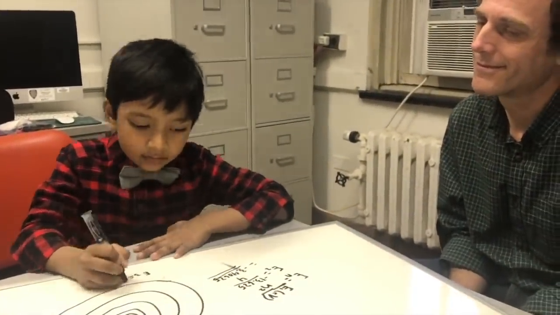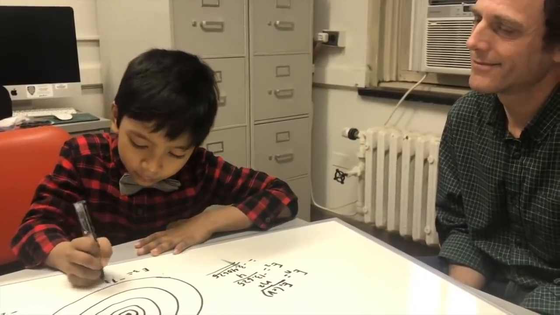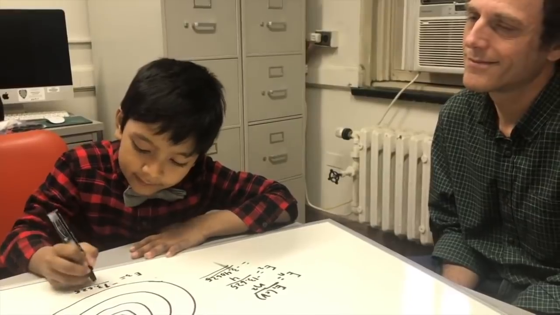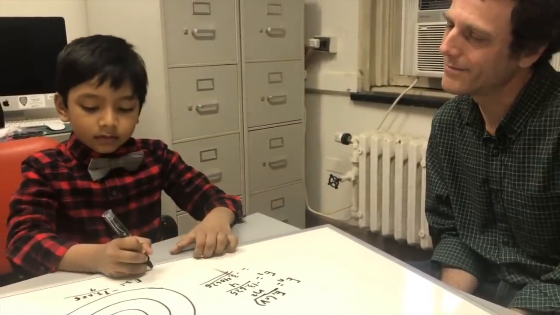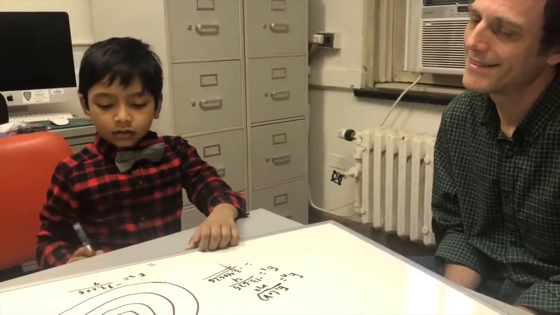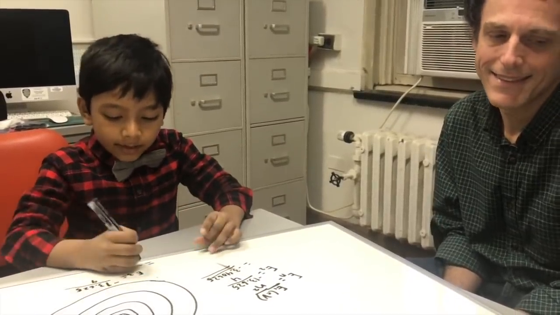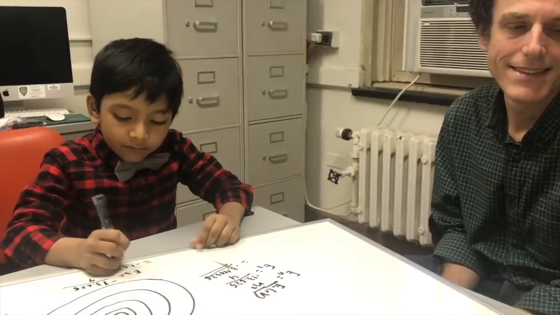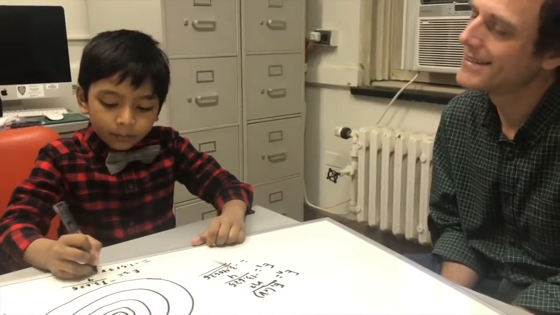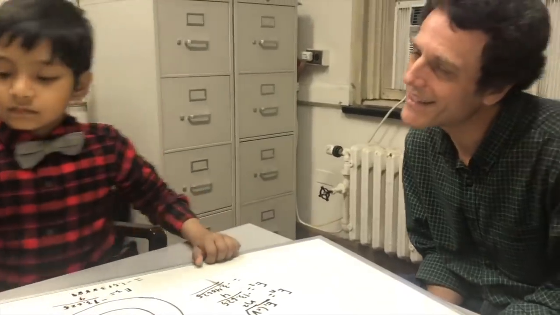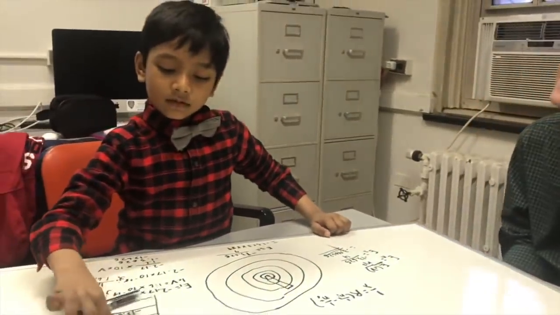E3 is negative 13.625 over 3 squared, which is 9. So that is equal to negative 1.513, a couple of 8s, 9. Oh, you're right. It doesn't end in 625.